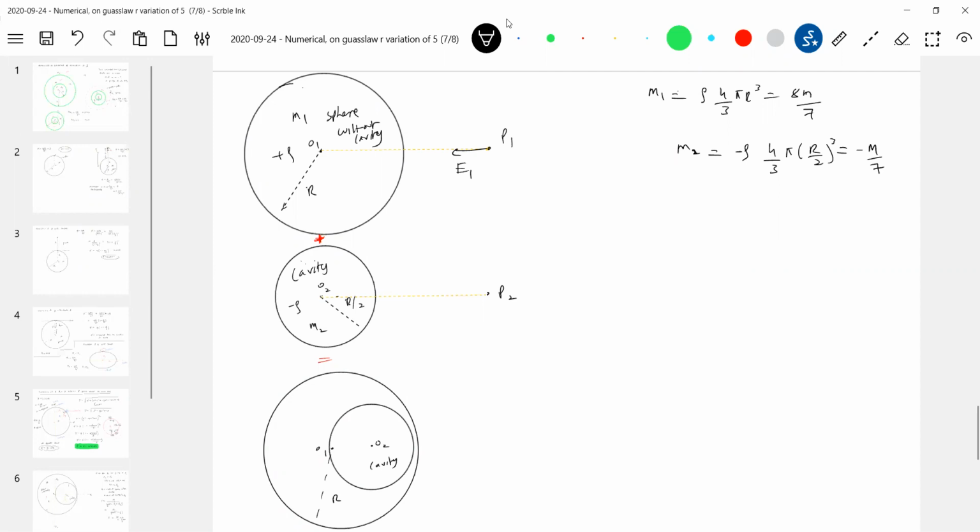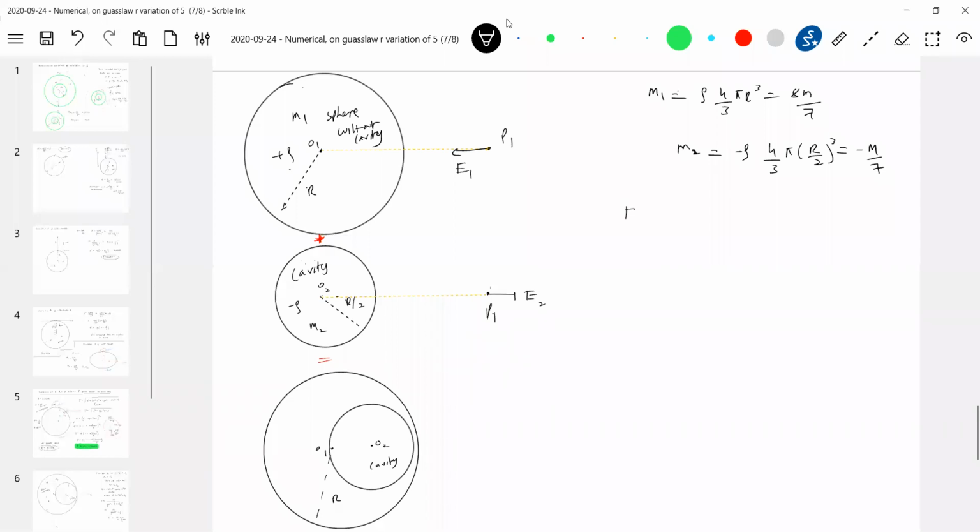What is this E2? This E2 due to the cavity should be away, no? How can you say it is away? Because due to positive density it is towards left, so due to negative density it should be away. Therefore, it will come like this. This is a method of showing. So what are E1 and E2? You have to take the difference of that.